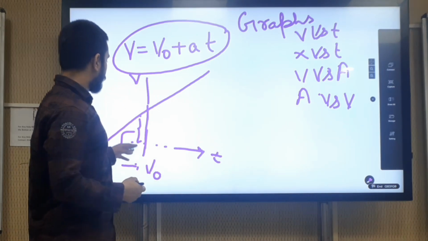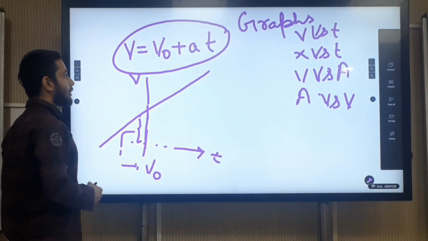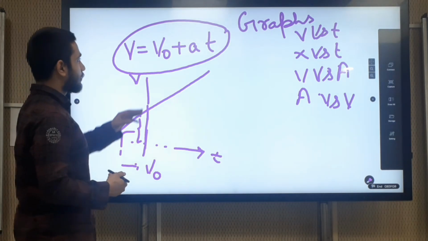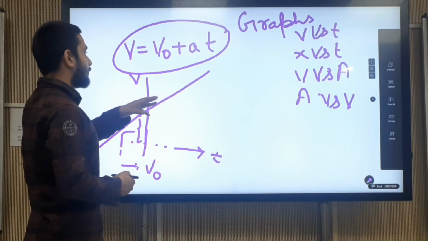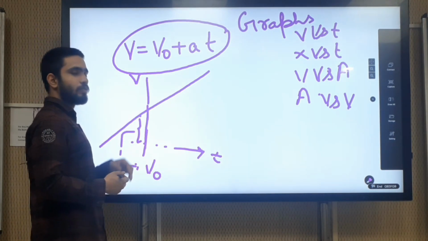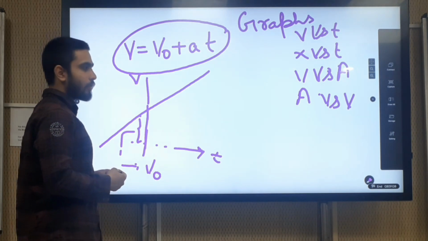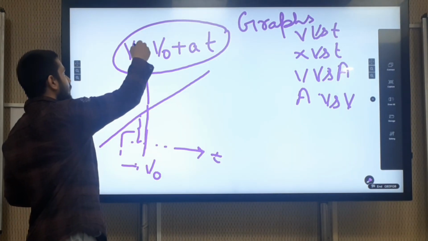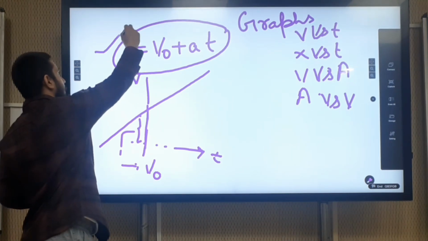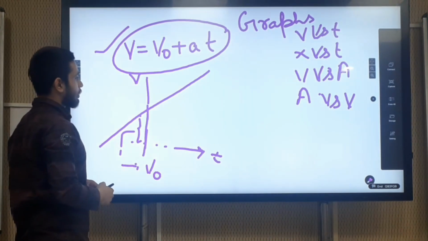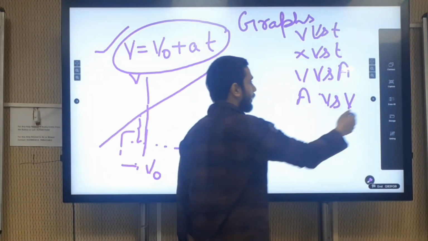So you should know how graphs are plotted for various things. The first graph is v equals v naught plus at, and this is how it is plotted. This is the simple graph.